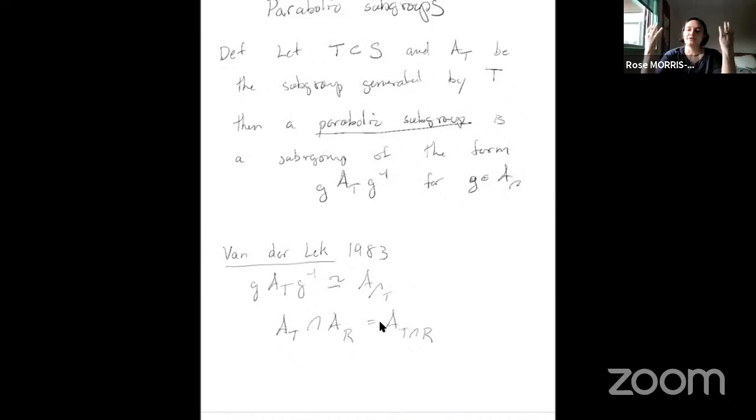So any chance for any sort of hierarchical structure is probably going to involve these. If you want to talk about automorphisms of Artin groups, you're going to have to take parabolic subgroups to parabolic subgroups. These are your tools for answering a lot of these big questions that we really don't know anything about.